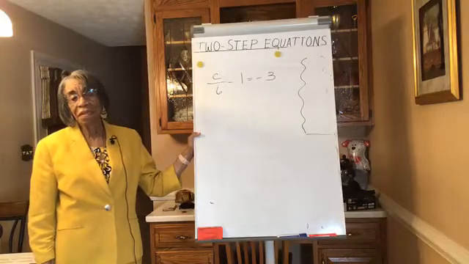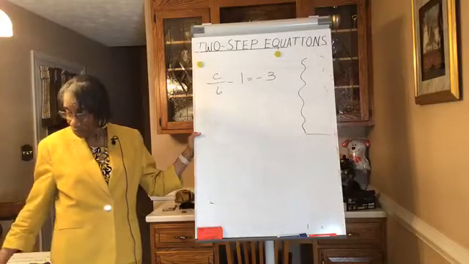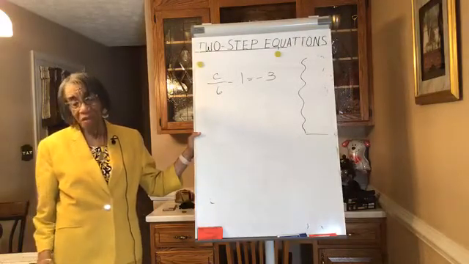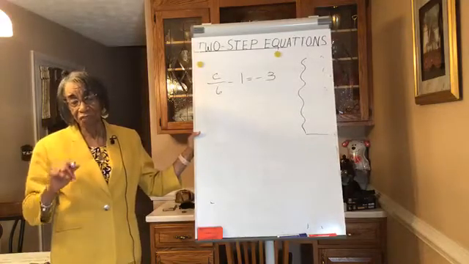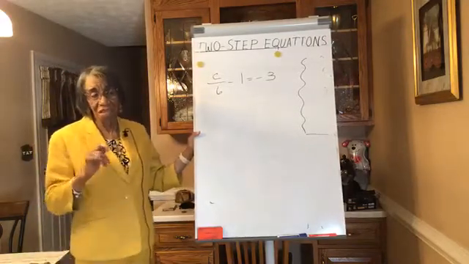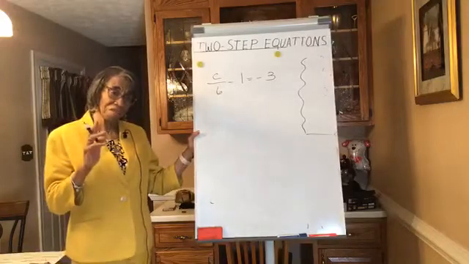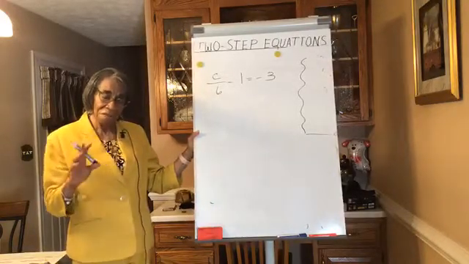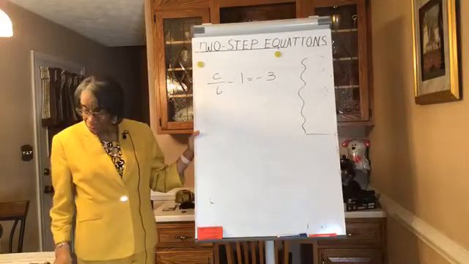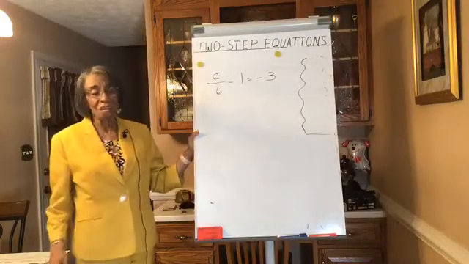Okay. 2-step equations are very simple if you have all the other skills that you need. And notice we went over the skills first. We went over integers, and we went over 1-step equations, and the way that we do each one of those.